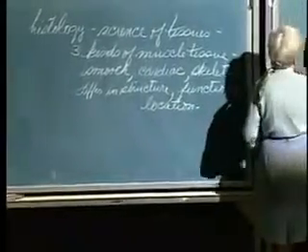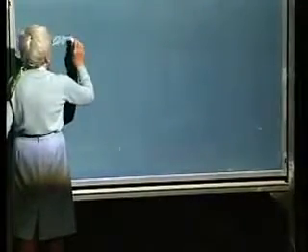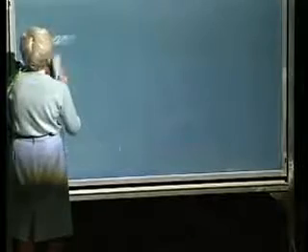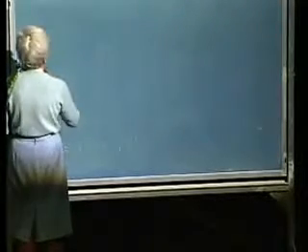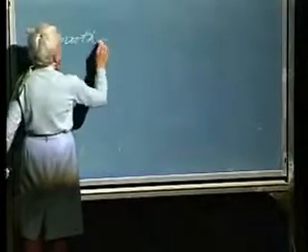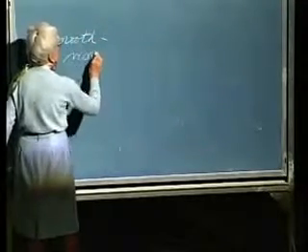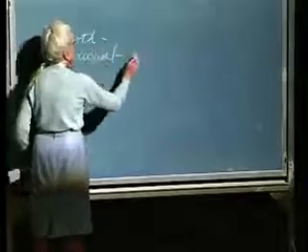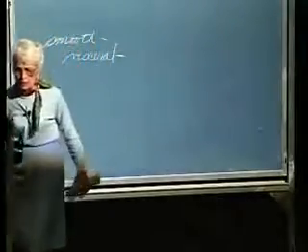So we're taking smooth. What's another name for smooth? Visceral. Why can it be called visceral? Because it's found surrounding viscera. What are viscera?